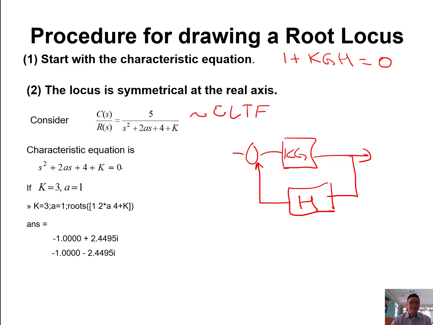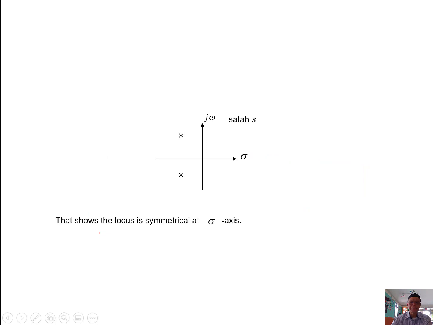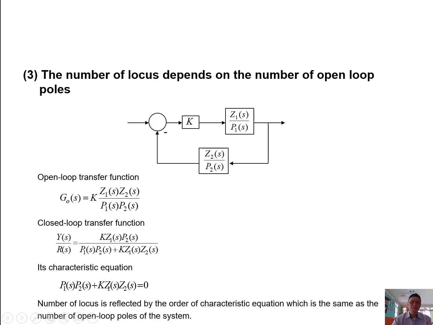Let's assume K equals 3, remember K is the gain, and a equals 1. If you find the roots, you get this one, meaning that the roots of that closed loop are a pole here and a pole there, and it is symmetrical about the sigma axis. Number 3. The number of loci depends on the number of open loop poles.